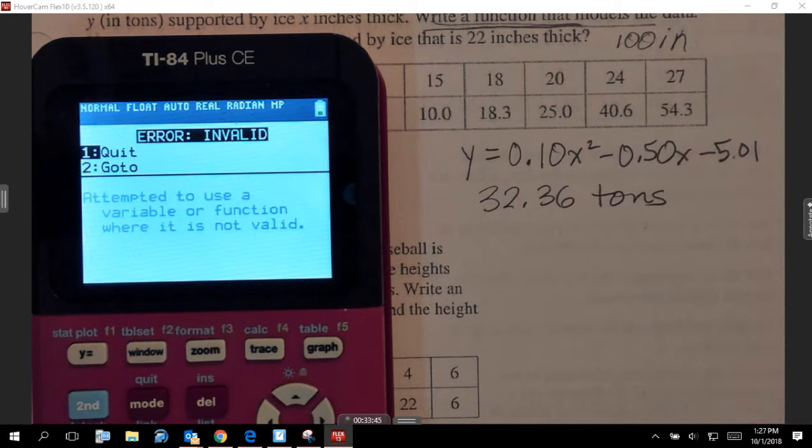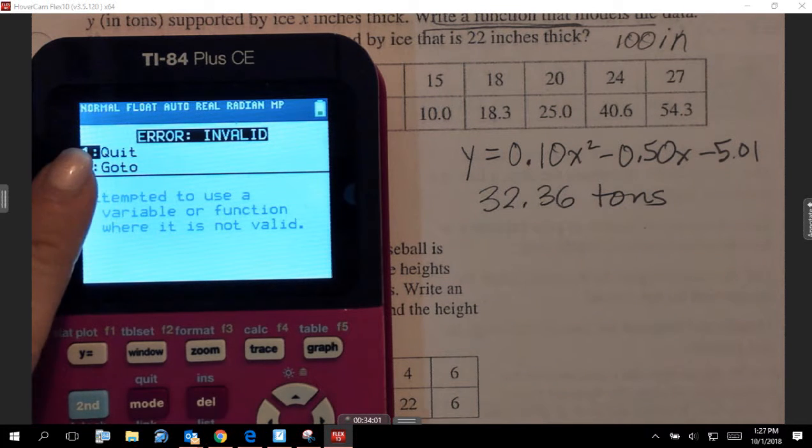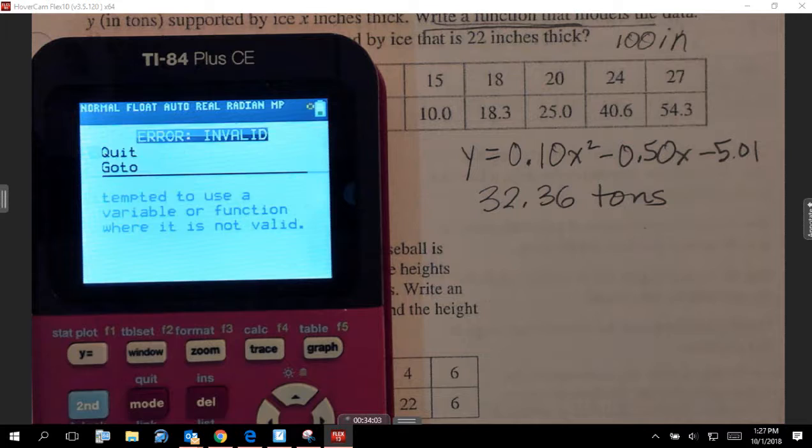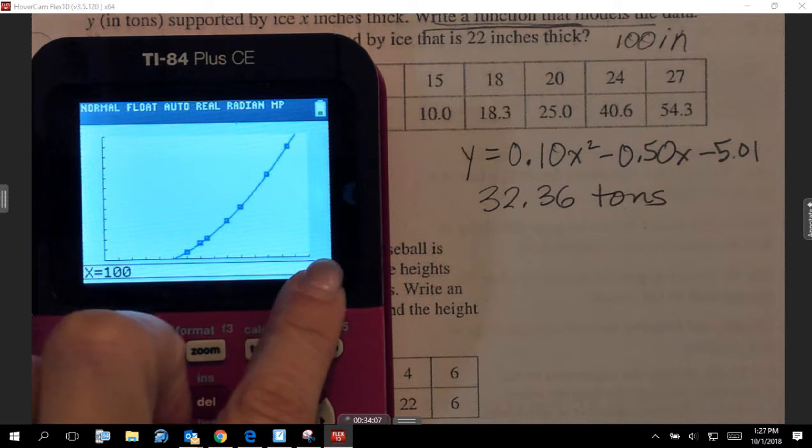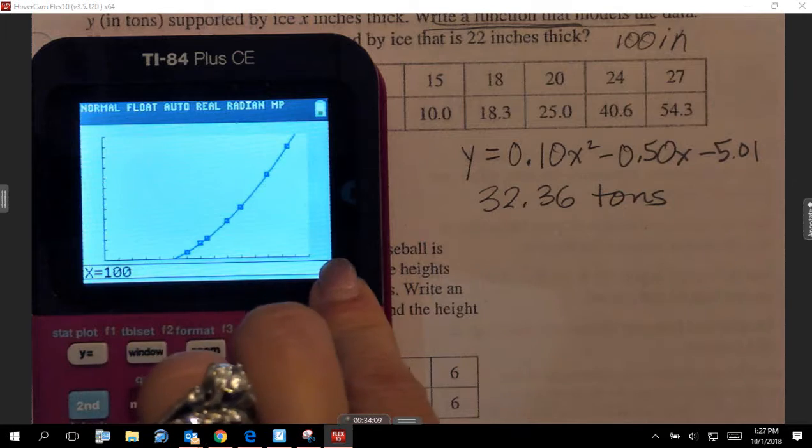And then, oh, it says error. Nope. 100 inches. Well, it's not the scale, but it's the window. Yeah. So if your window does not go to x is 100, it won't give you the answer.